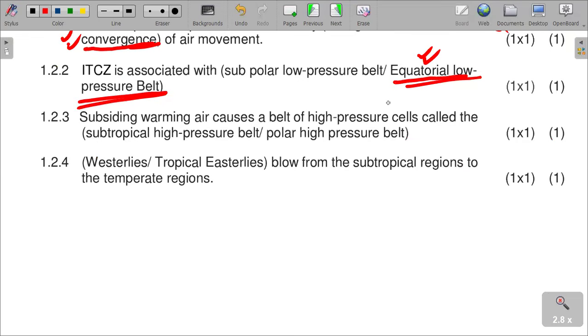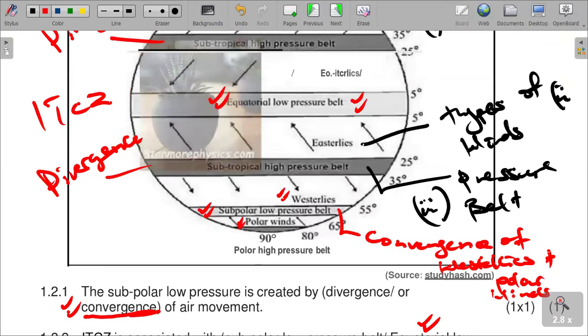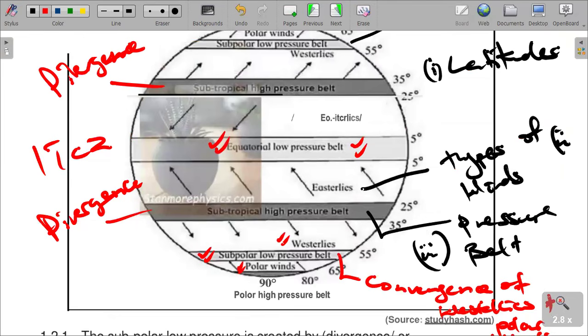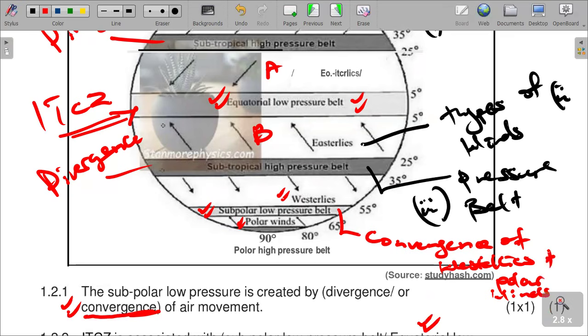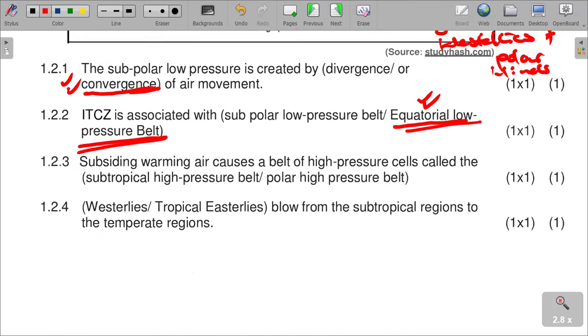We have seen that we have air masses moving towards each other, whereby the equatorial low pressure belt is formed. We say that the ITCZ is found within this region of the equator.